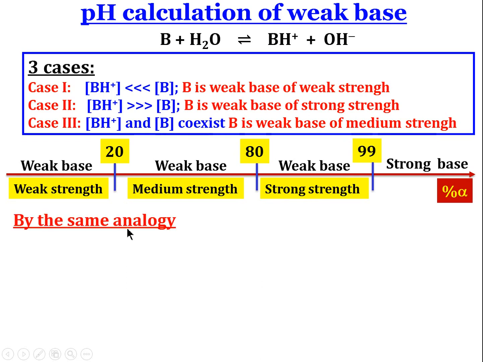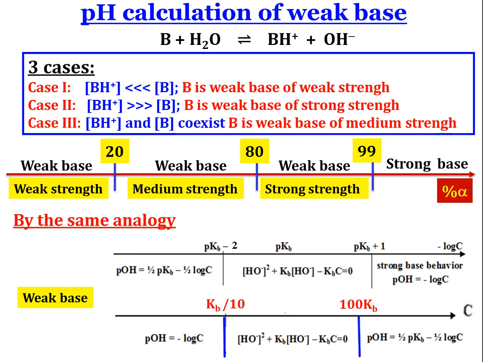By the same analogy, to calculate the pH of a weak base in the three cases, we follow the same strategy as the calculation of the weak acid by replacing the pH by pOH and the value of Ka by the value of Kb.